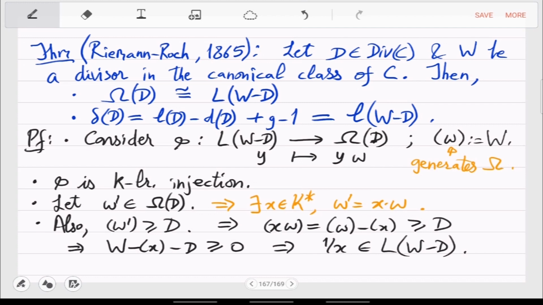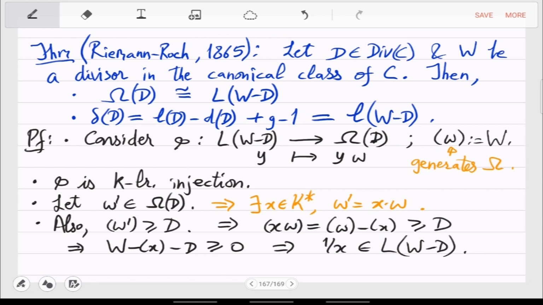Does it work? For omega prime, I needed a y. Oh, but this x is not coming to be. You just have to show that there is something that maps to omega.